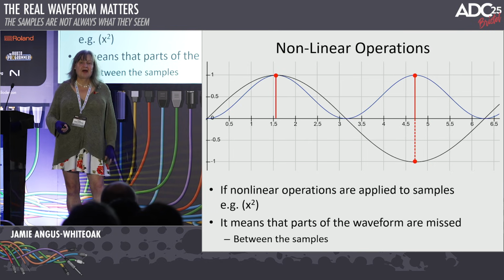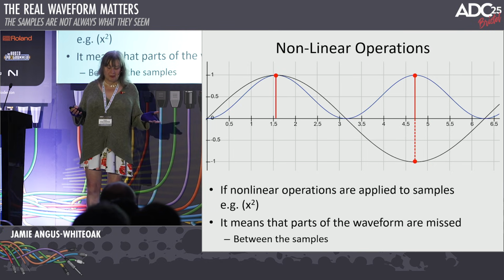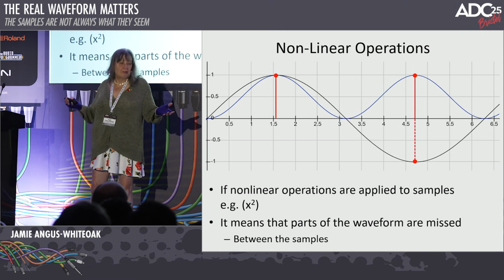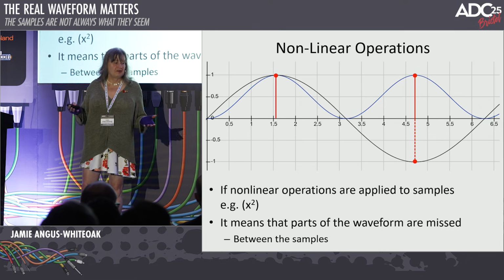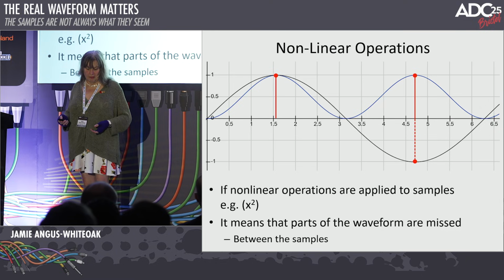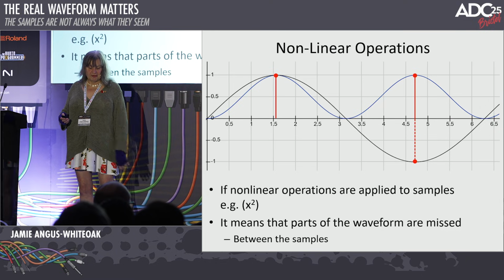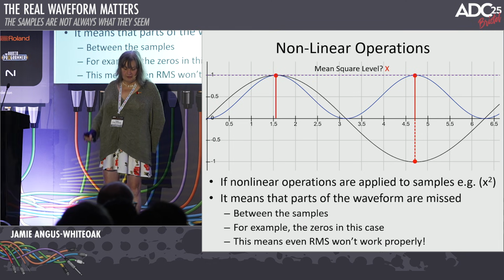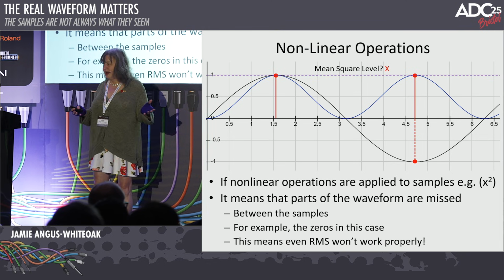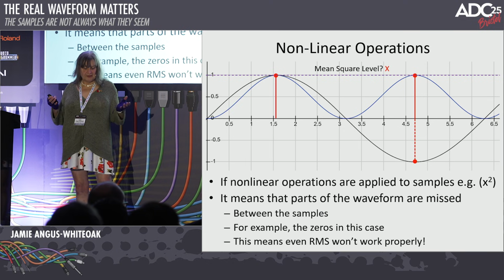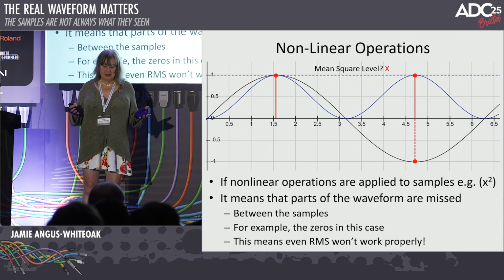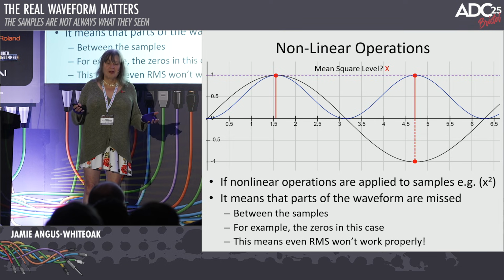So the other thing that happens, if we do nonlinear operations, here's an example. If we apply x squared to the number, which we might do if we're trying to find the RMS value or the mean square value of the waveform, it means parts of the waveform are missed. And if we look at that, we end up finding that we've missed out the zeros that arise after the squaring operation.